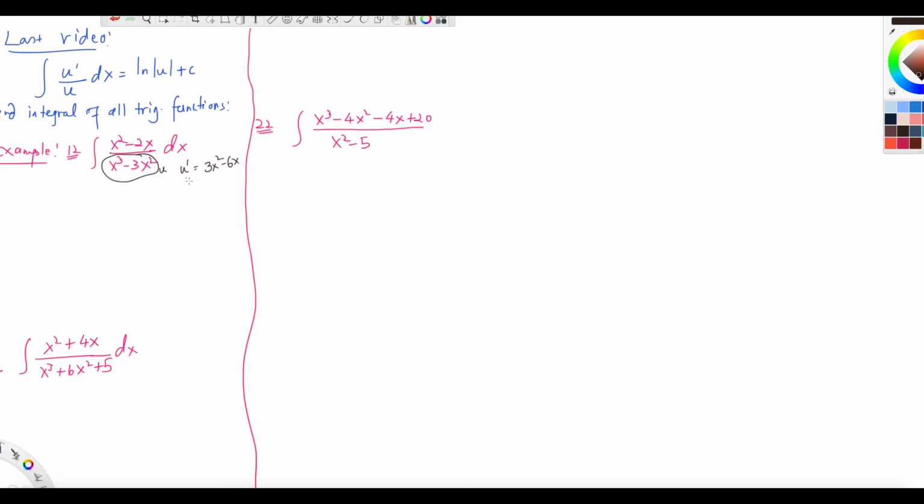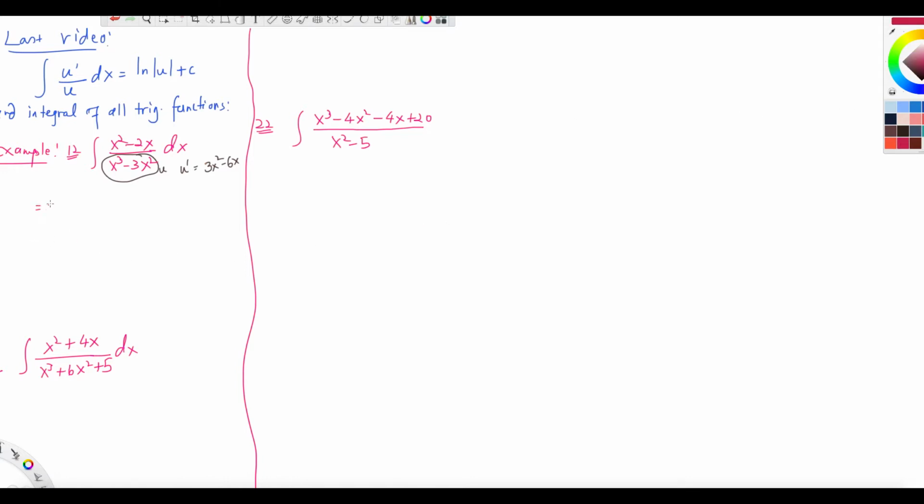But do we have that u prime on the top, on the numerator? No, we do not. So what do I need to get that u prime on the numerator? You need to multiply by 3, right? Because if you multiply each term by 3, then you'll get 3x squared minus 6x. But you cannot just multiply by 3, you need to balance that, right?